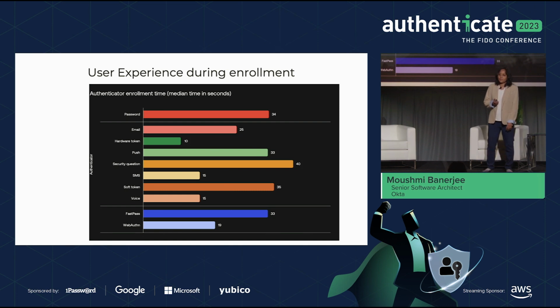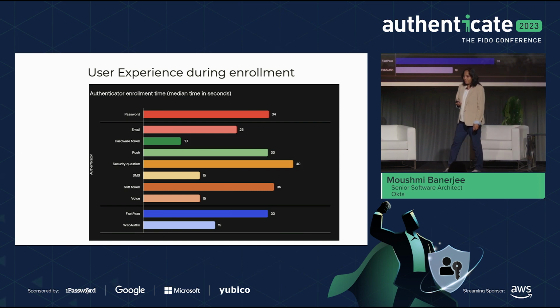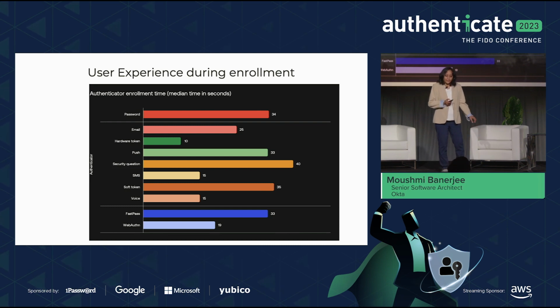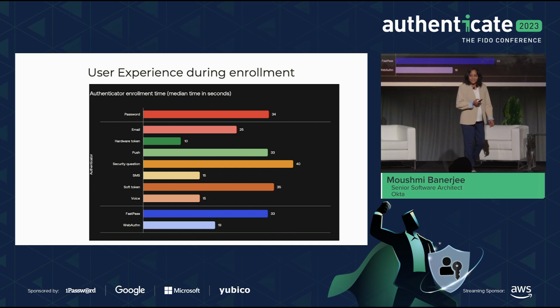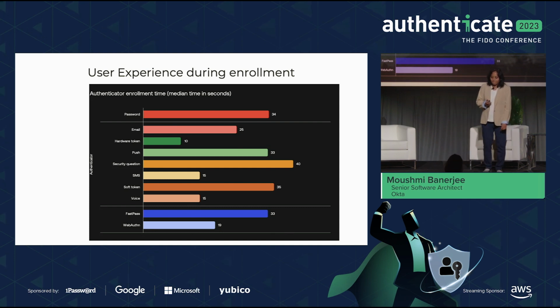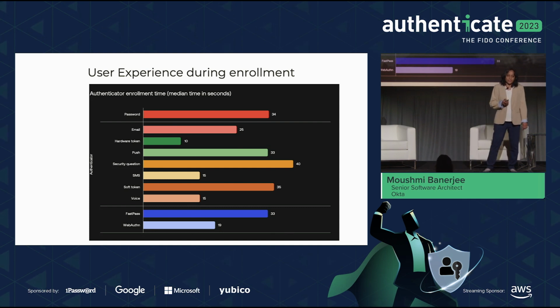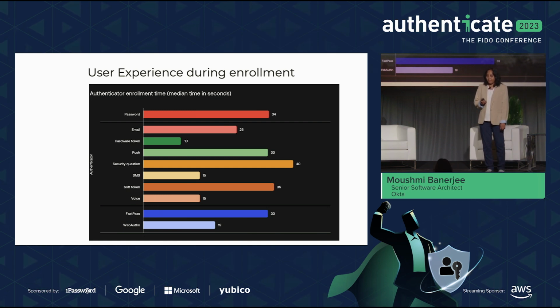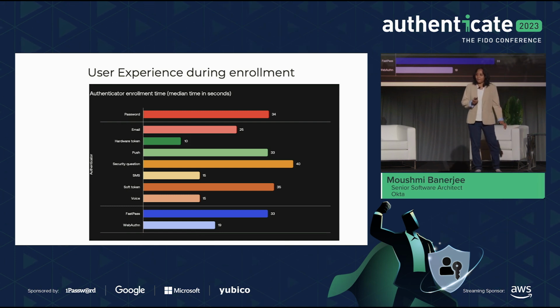So we talked about authentication time, which is fastest for FIDO2 WebAuthn. Enrollment time, which is again fastest for FIDO2 WebAuthn. Finally, in addition to authentication and enrollment, it's important to consider recovery. There are still some challenges with recovery, but yeah, we're on the right track with it.